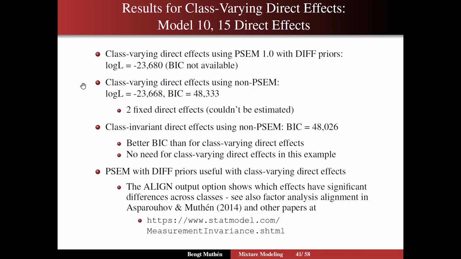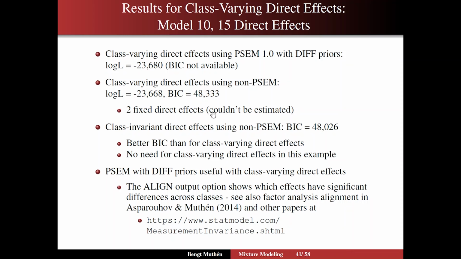Now if you do a non-PSEM run with class varying direct effects, you get a likelihood that is better, it's higher, but you get 2 fixed direct effects that could not be estimated. So here we run into the problem of empirical non-identification, which can happen when you do regression of all the indicators on all the covariates, especially when you allow them to be class varying.